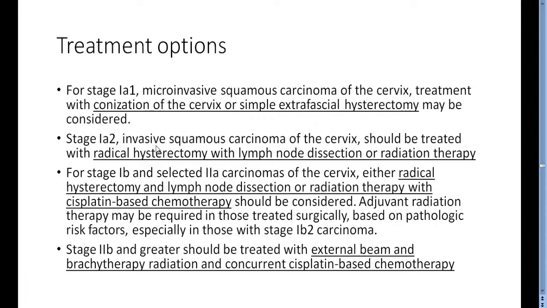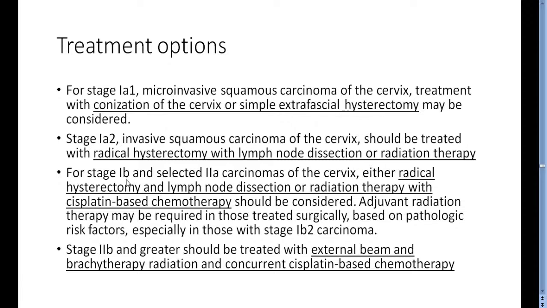Stage 1, 2 is usually treated by radical hysterectomy with lymph node dissection, or radiation therapy can also be applied. So both are stage 1, but already in this situation, lymph node dissection or radiation therapy is recommended.